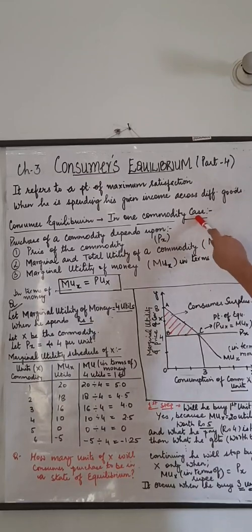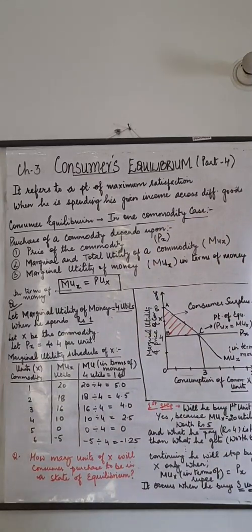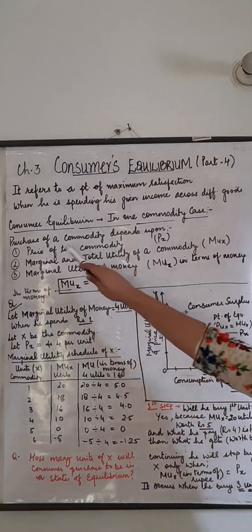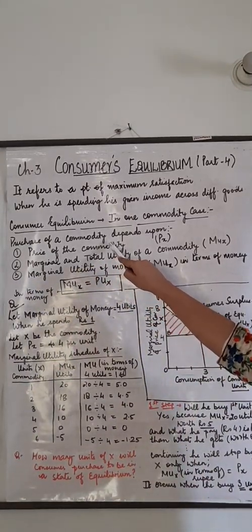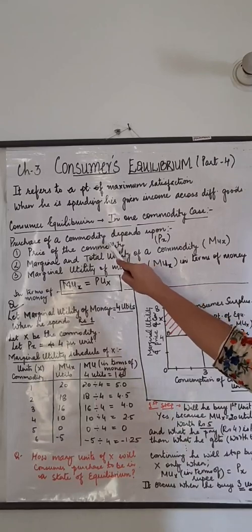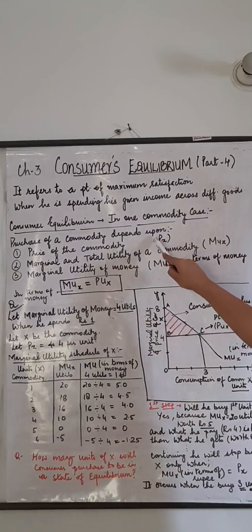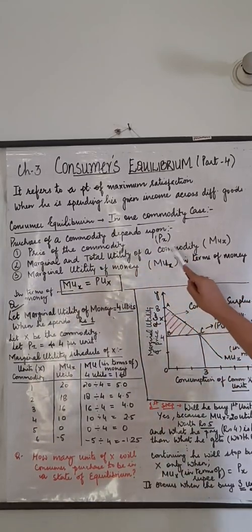Today we will study the one commodity case only. Now, what are the conditions that have to be followed? Purchase of a commodity, say X, depends upon what? Certainly the price of the commodity, that is PX.